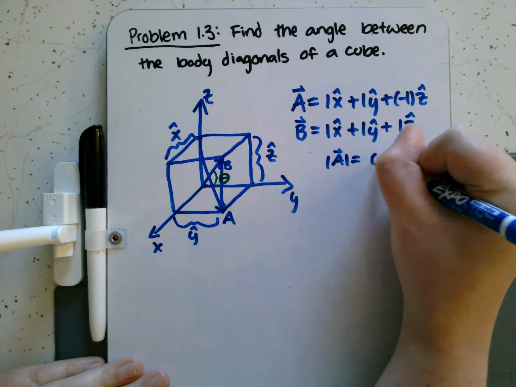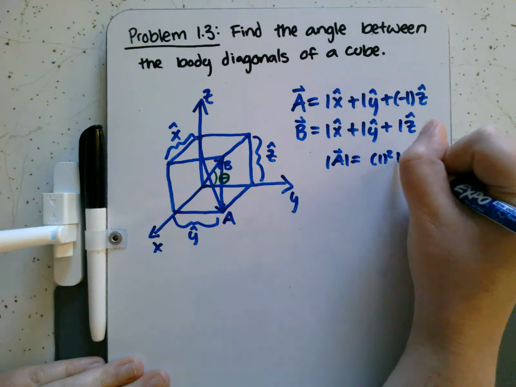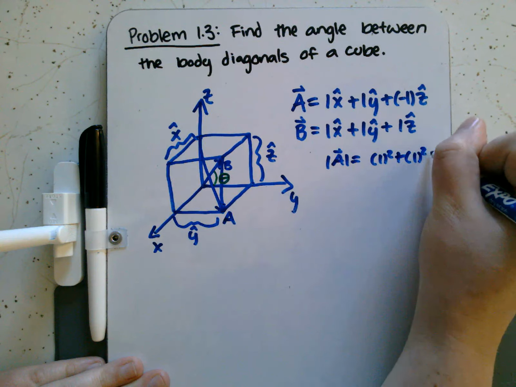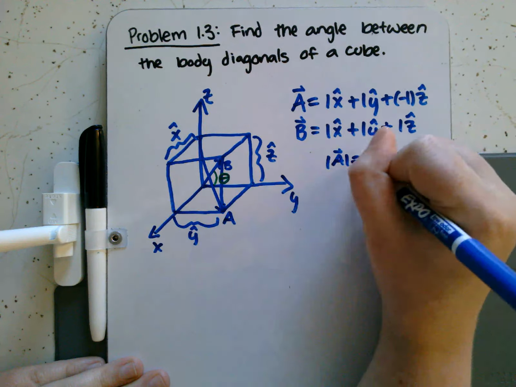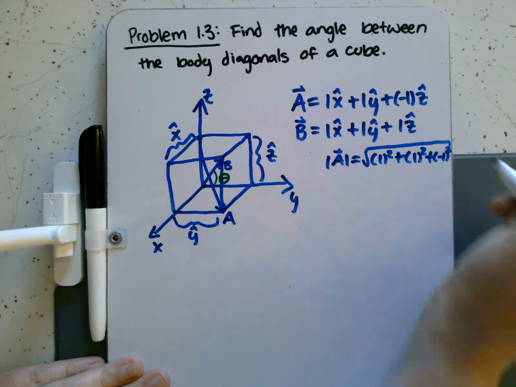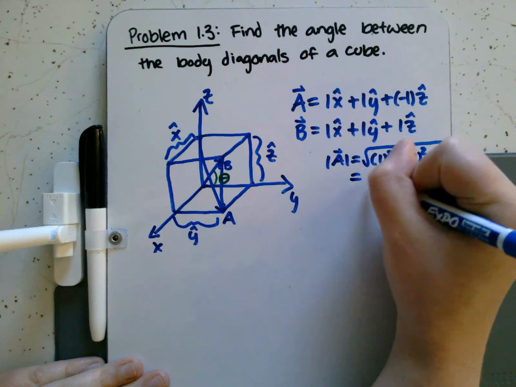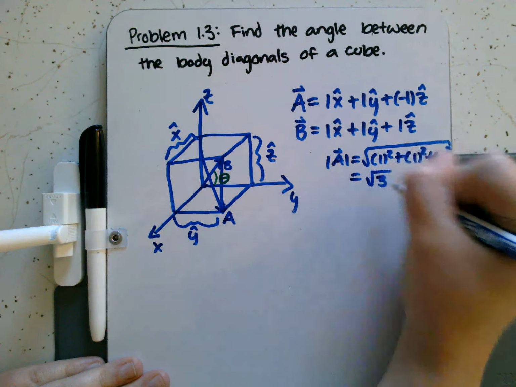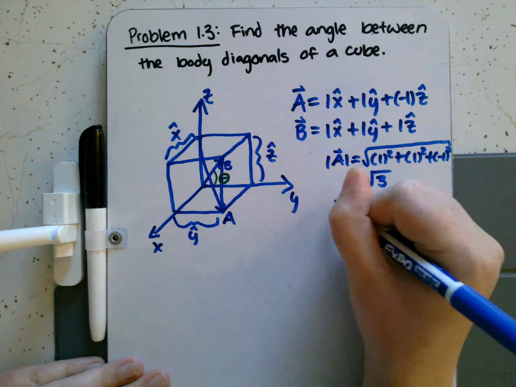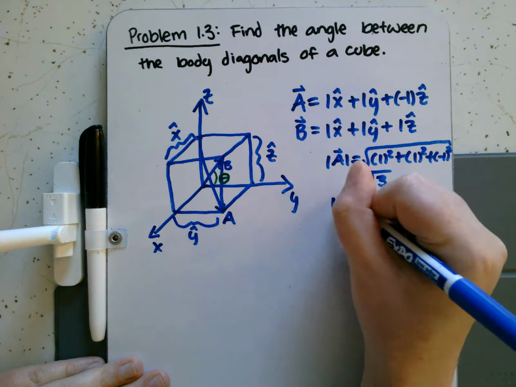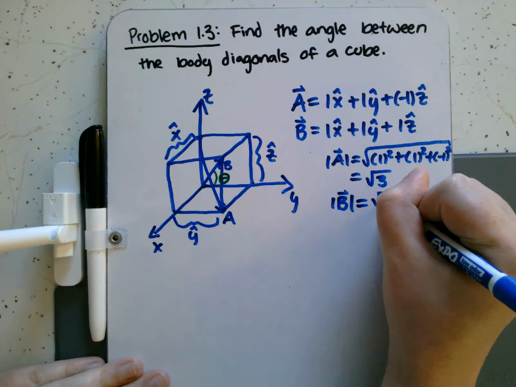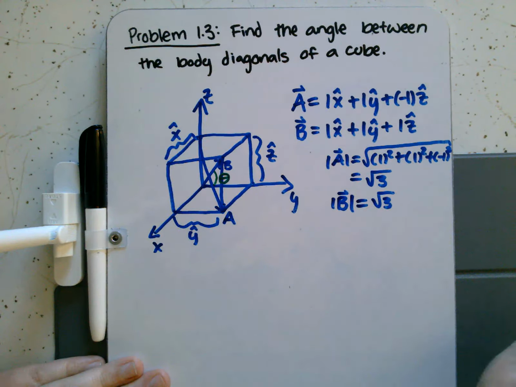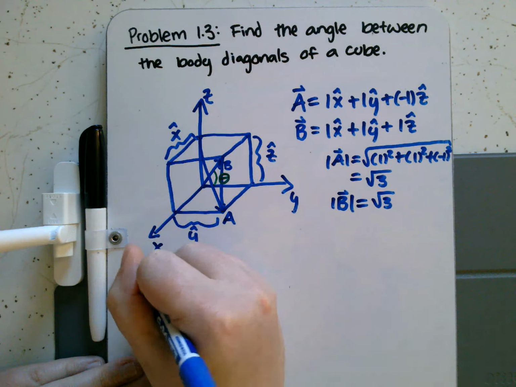So the X component squared plus the Y component squared plus the Z component squared, take the square root of that. This gives us square root of 3. In the same way, I can get the magnitude of B, which is also going to be the square root of 3.